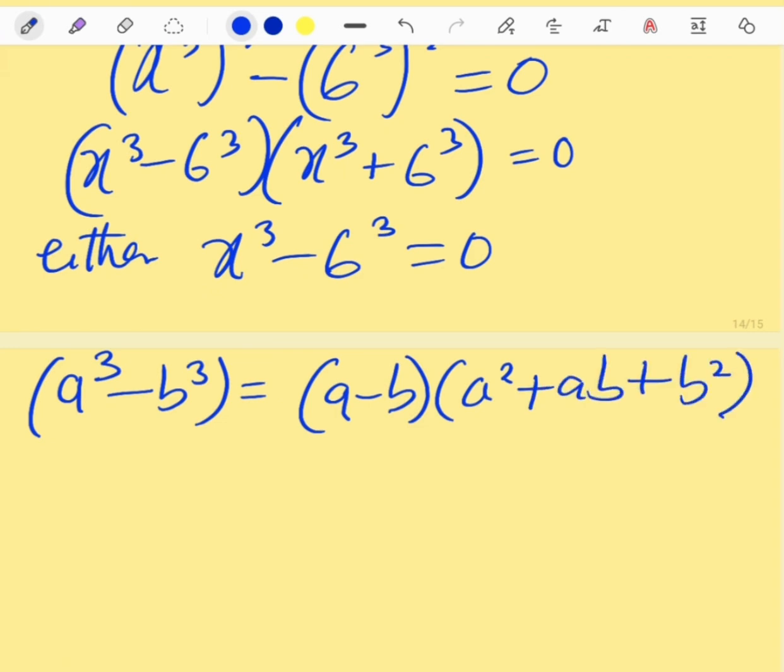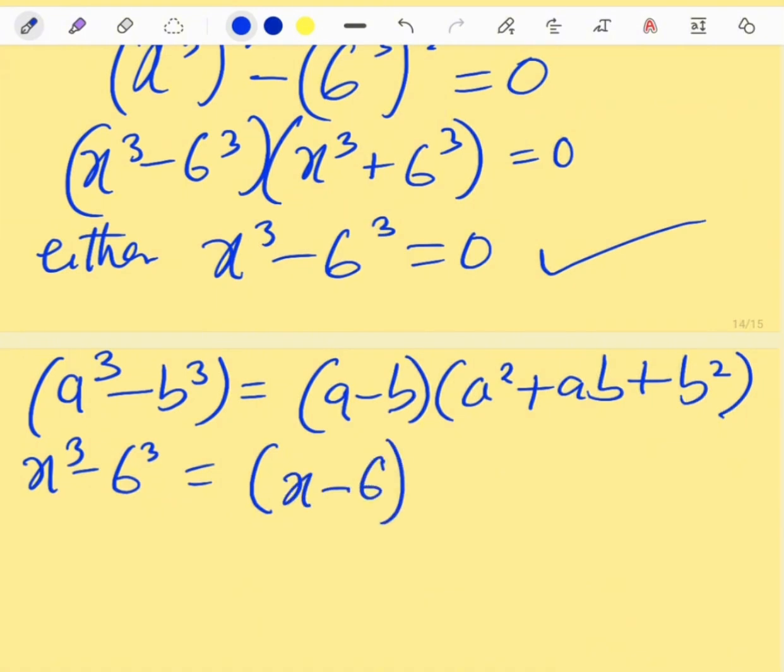So we can now use the same pattern to expand this. When you have x cubed minus 6 cubed, this will be the same thing as x minus 6 into, seeing a squared, x squared, plus ab, which means x times 6, which is 6x, plus b squared, which is 6 squared. That is what we'll be having.